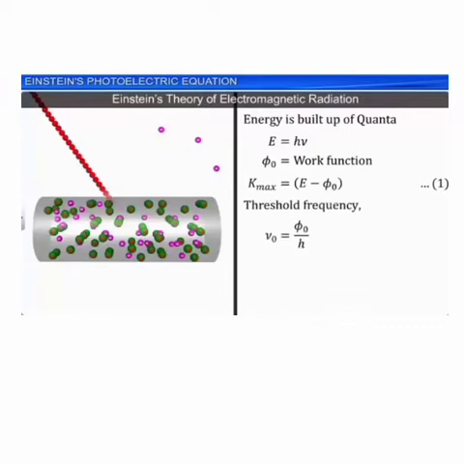Threshold frequency nu naught is the minimum frequency of the incident radiation required to just cause photoelectric emission from a metal surface. Since nu naught is equal to phi naught by h, we have phi naught equal to h nu naught. Let this be equation 2.